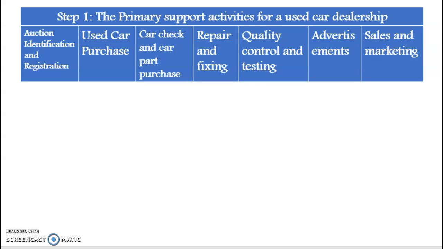Then another section is the body check and body part purchase, the repair and fixing, quality control and testing, then advertisement, then sales and marketing. Those are the primary and support activities for the company.